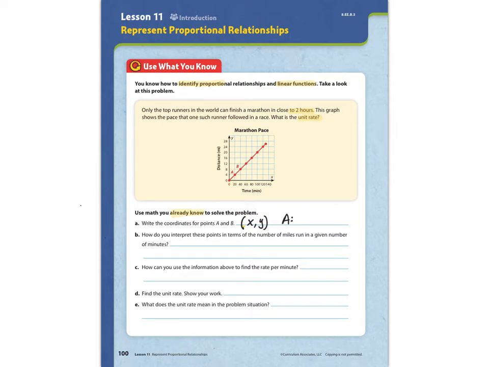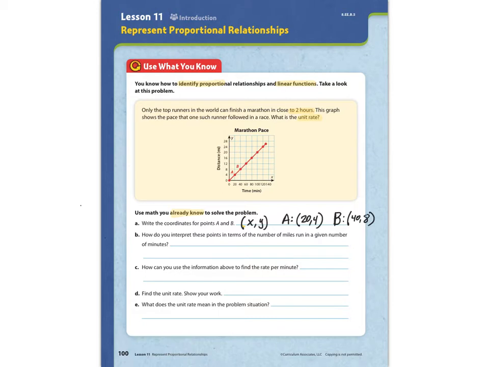So you're going to write 20, 4. And for B, you're going to see that B is at 40 and 8. So you're going to write B at 40 and 8.